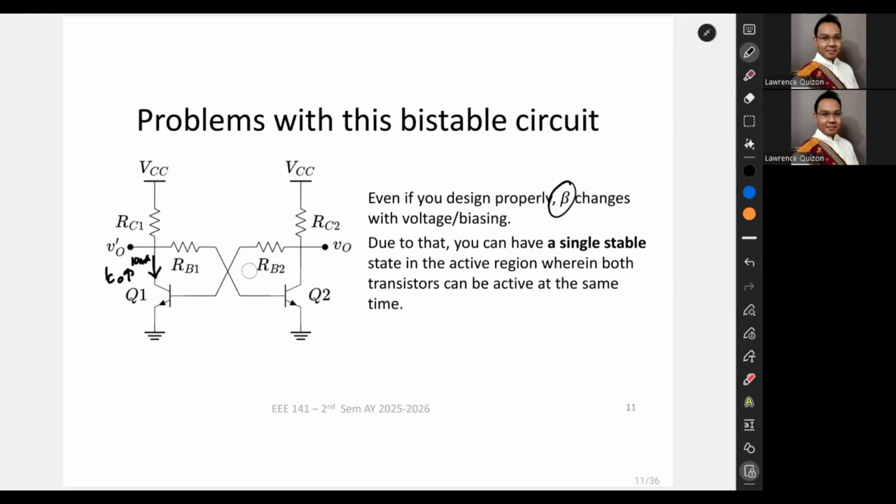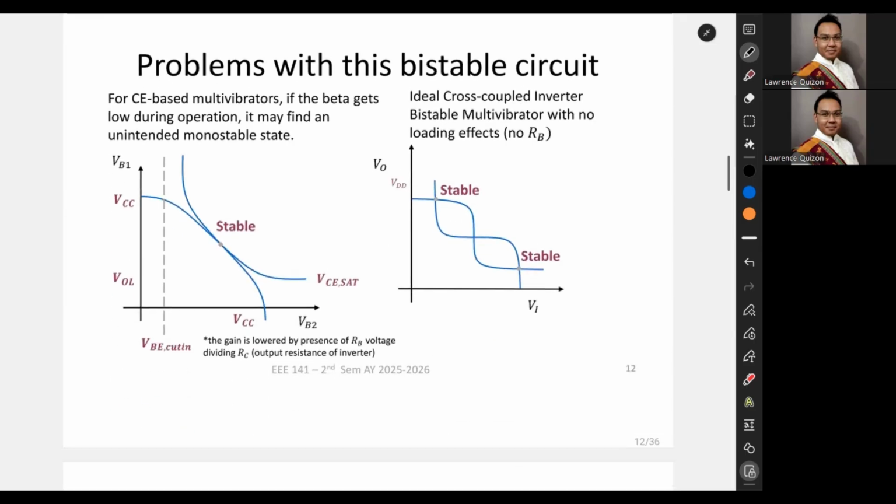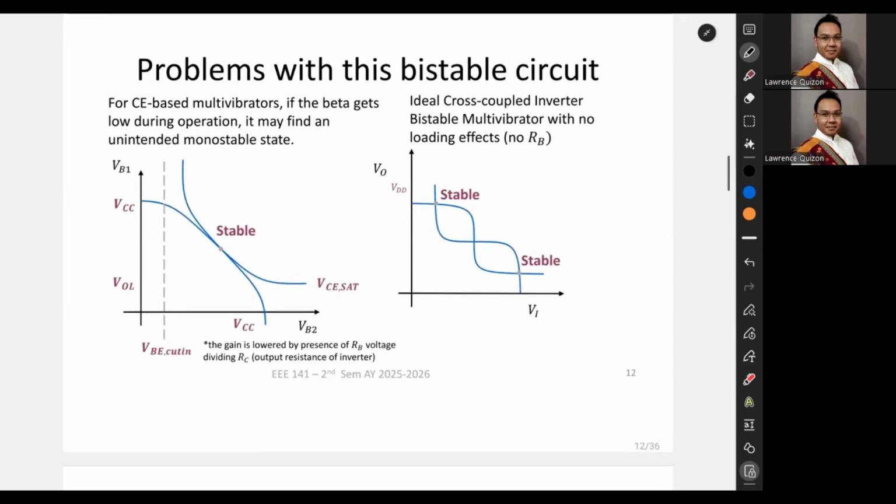So you don't know what betas the circuit can cycle through. So what's the problem with that? The beta, we used it to calculate the stability of the saturation and cutoff feedback mechanism. So if the circuit found a beta that puts it solidly within forward active, such that the state is stable in forward active, this is only possible if the gain becomes less than 1, the beta is very low.